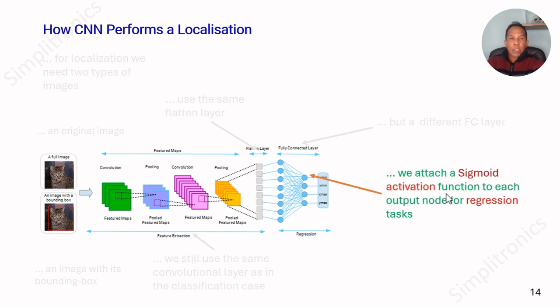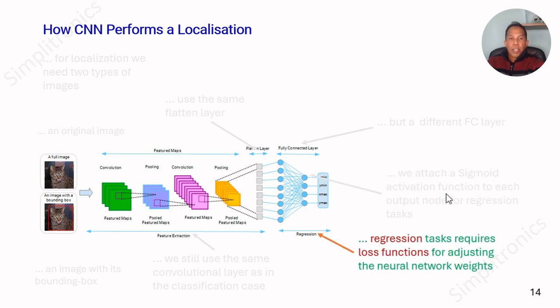Instead of the softmax filter, we attach a sigmoid activation function to each output node for the regression task. Regression task requires loss functions for adjusting the neural network weights.